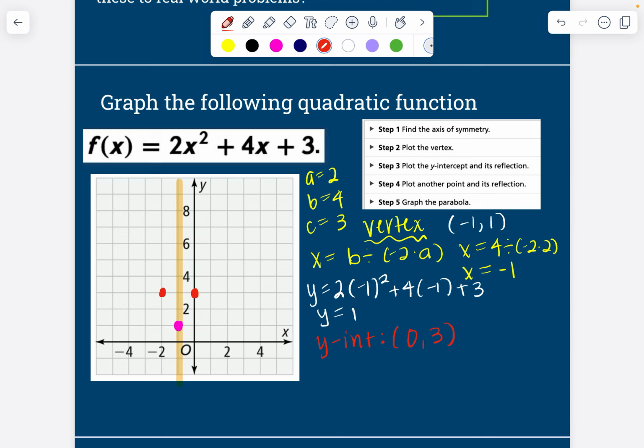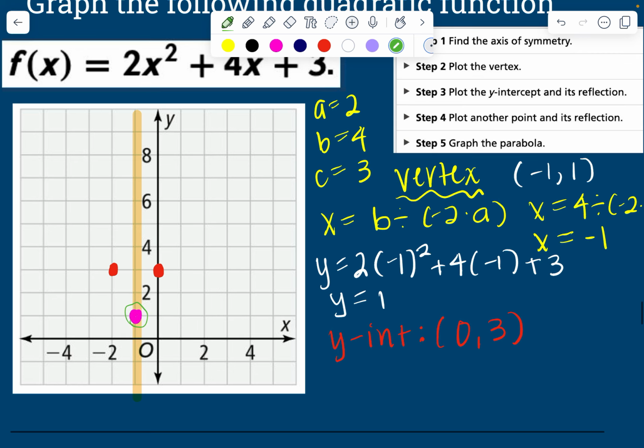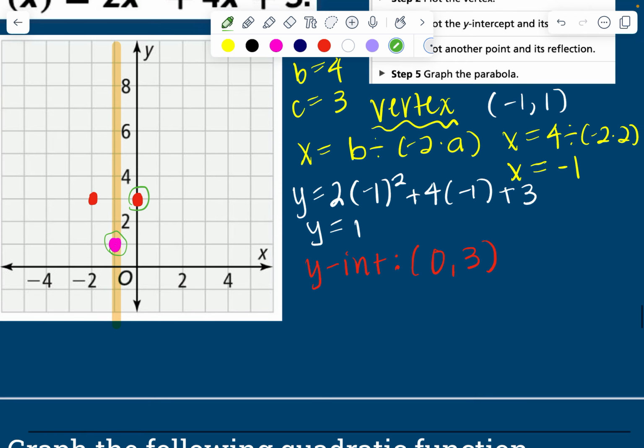And then I need to find one more point and its reflection. Remember, you want to pick a point that's close to the vertex, but not a point that we've already used. Our line of symmetry is at negative 1 here. I can't use 0 because I already have a point at 0. So I'm going to go one more to the right and do when x equals 1.